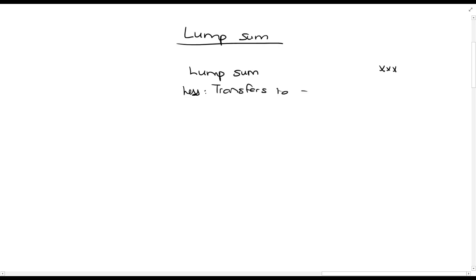When you calculate the taxable income on a lump sum, and this is something that you've studied separately under retirement benefits, you say the lump sum that was received, less transfers to other funds, and then less past contributions disallowed, or actually just contributions disallowed, let's actually say that.